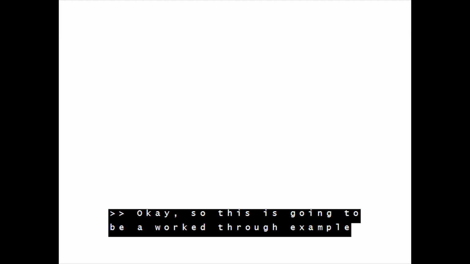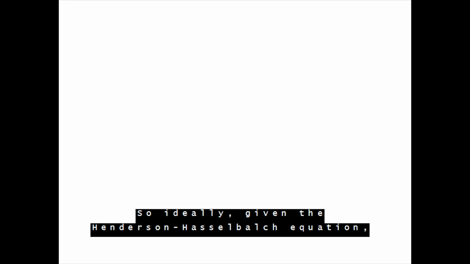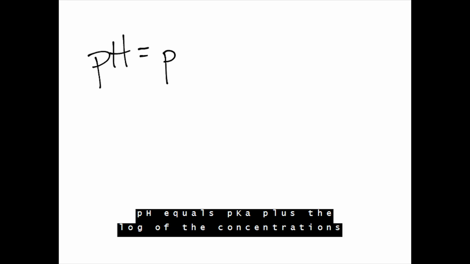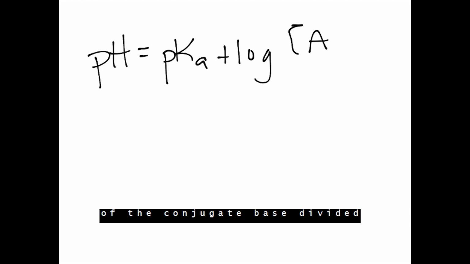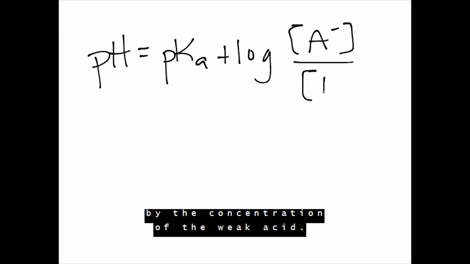Okay, so this is going to be a worked through example of how we would go about doing the calculations and preparing a buffer to work with. Ideally, given the Henderson-Hasselbalch equation, pH equals pKa plus the log of the concentration of the conjugate base divided by the concentration of the weak acid.